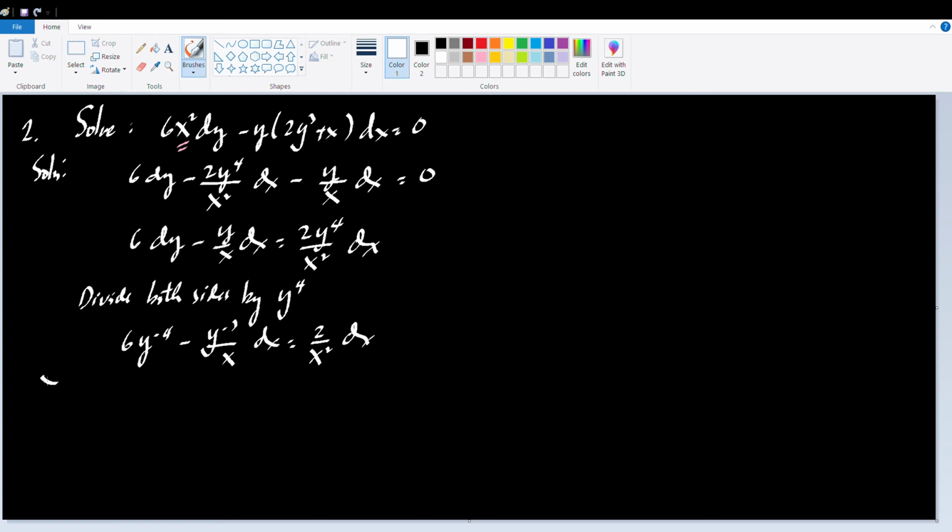Then we introduce z equal to y to the negative 3. So dz is equal to negative 3y to the negative 4 dy.